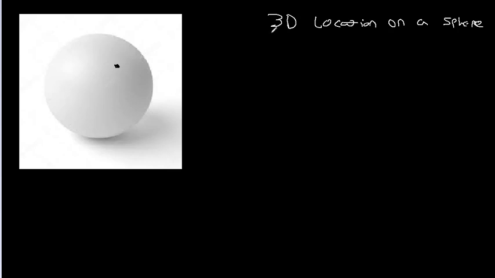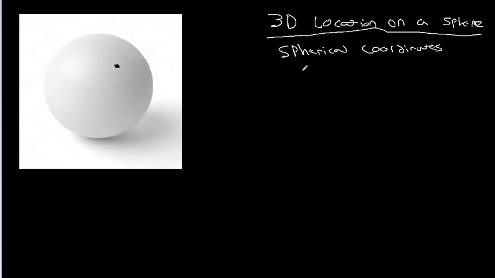Now, to sort of jump ahead a bit, what we're going to be talking about is this idea of what are called spherical coordinates. Or to use a term that we see more frequently in cartography and GIS, we're going to be talking about latitude and longitude.